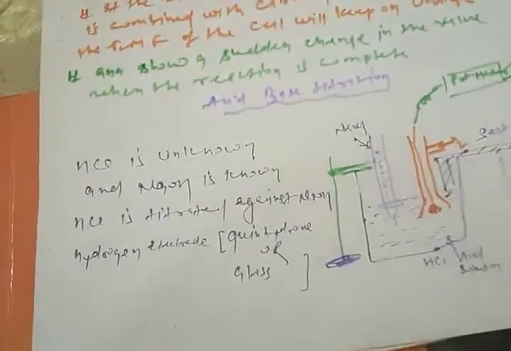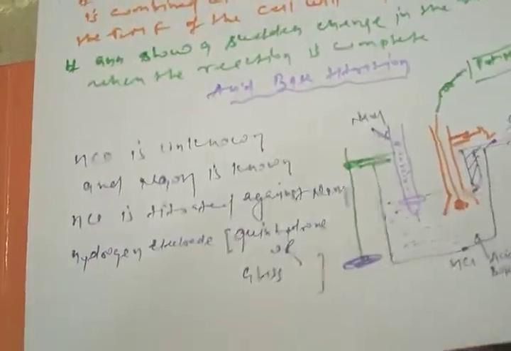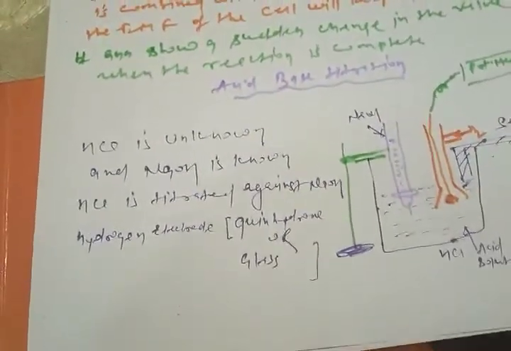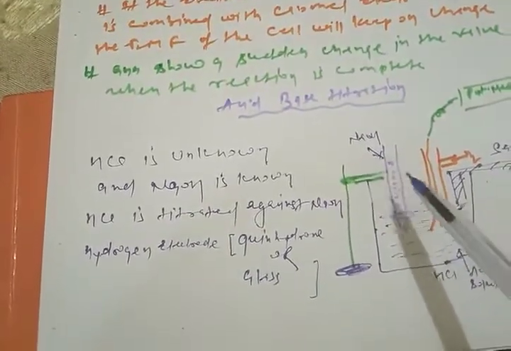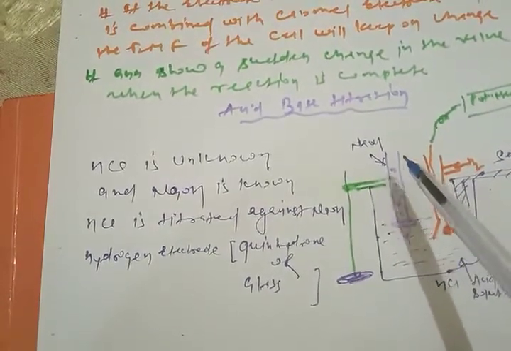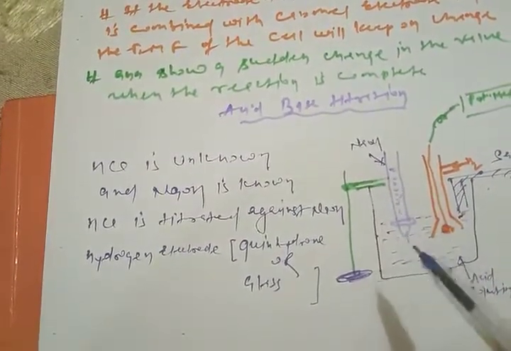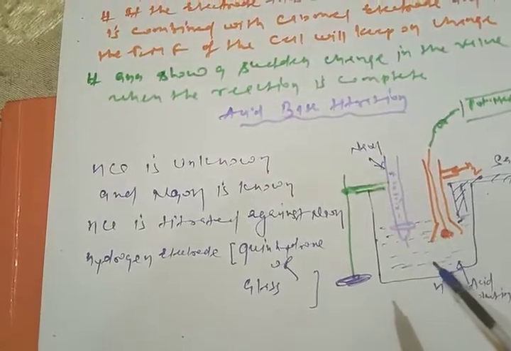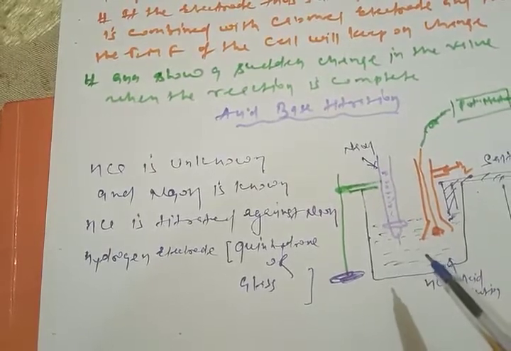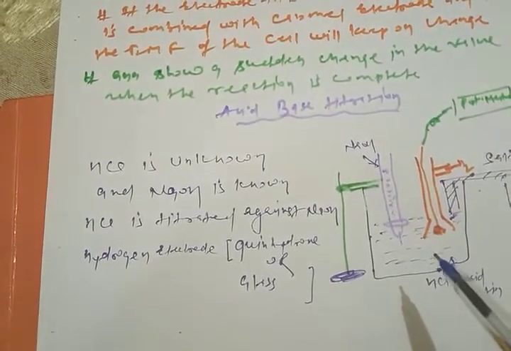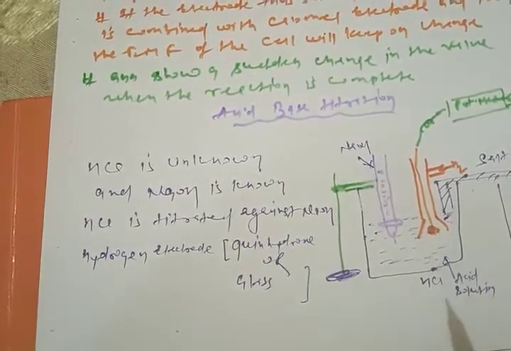In some books or notes, you'll find they write that initially you have to add the NaOH solution in larger amounts, like 1 ml or 1.5 ml, and then before the end point start very small additions like 0.1 or 0.2 ml.